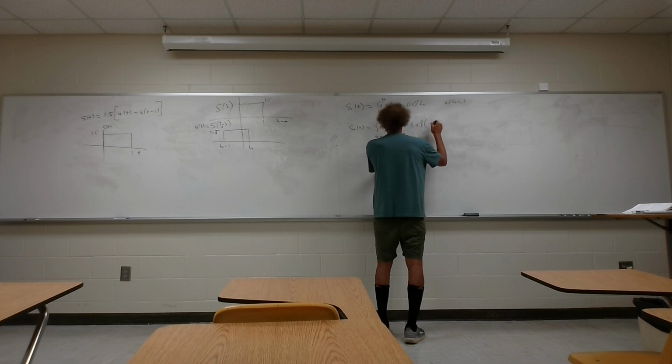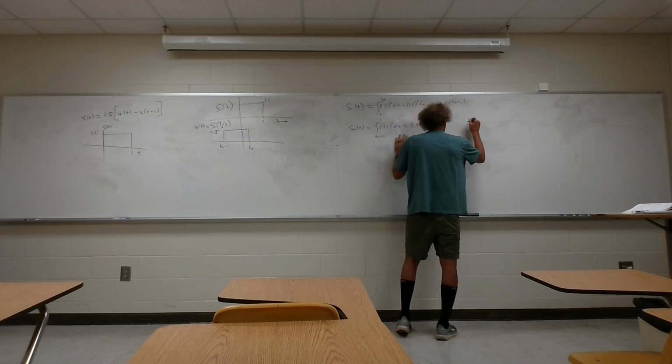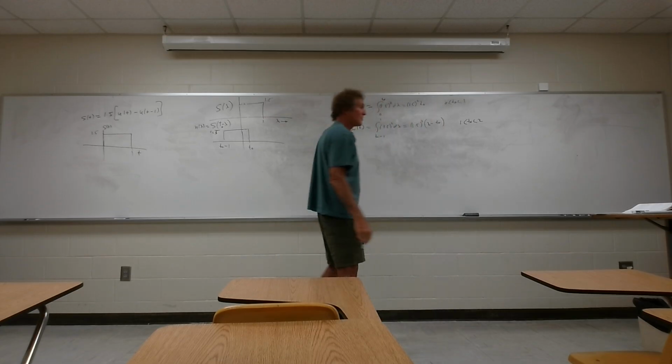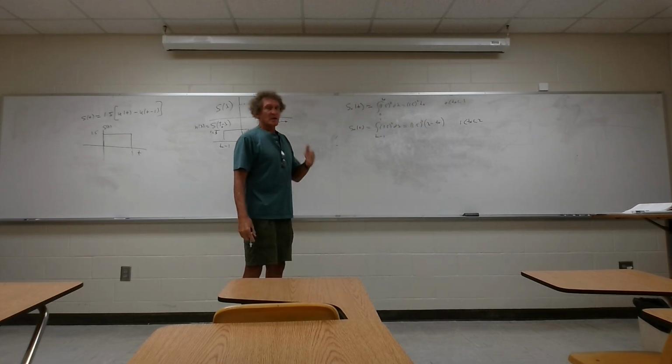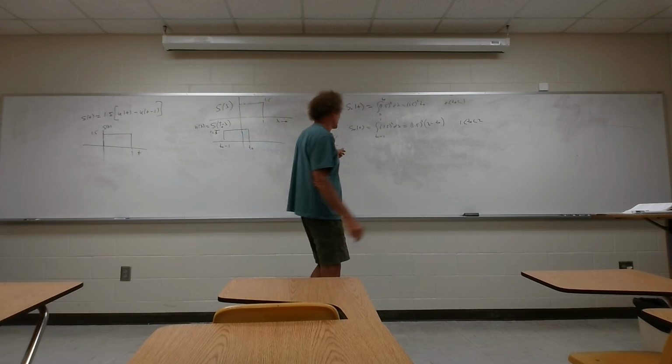And here, it's going to be 2 minus t naught, and that's true for t naught greater than 1, less than 2, and 0 else. Y'all with me, class? That's what I had up earlier, right? Same exact thing.